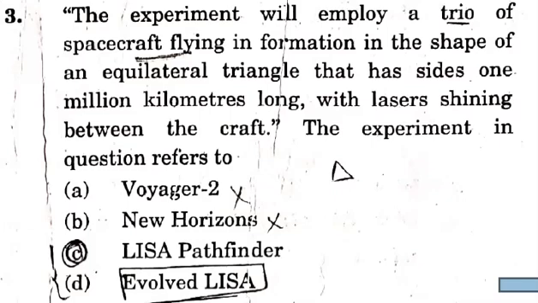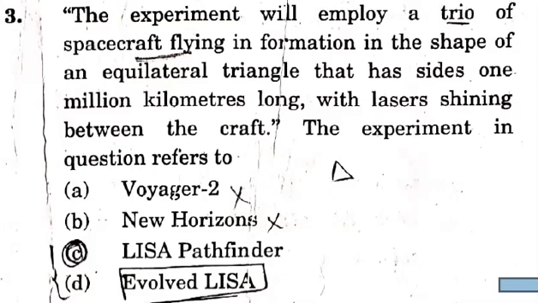Well, this experimentation question refers to what? Those who have been associated with defense technology must be able to answer this question. Actually, today we have Lisa Akoya, which is a French single-engine light aircraft.